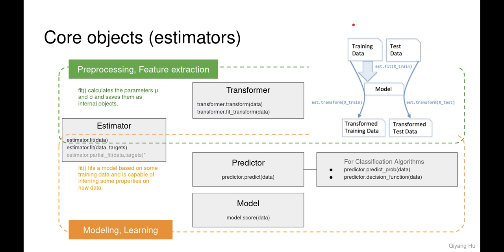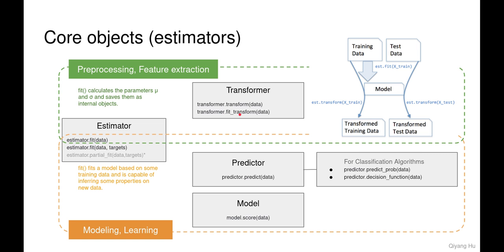So no surprise, the estimator's fit function for data without the target, together with the transformer's transform or fit_transform, form a pretty useful tool for the preprocessing or feature extraction stage of the work.